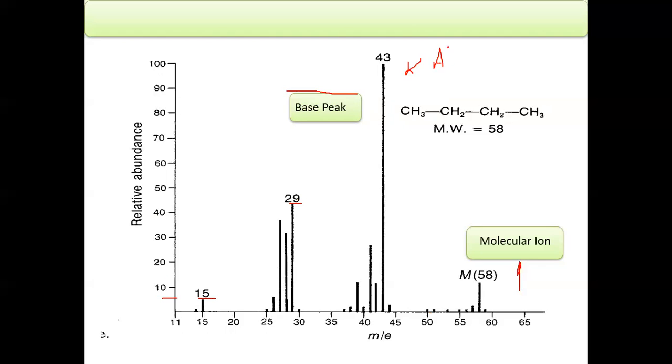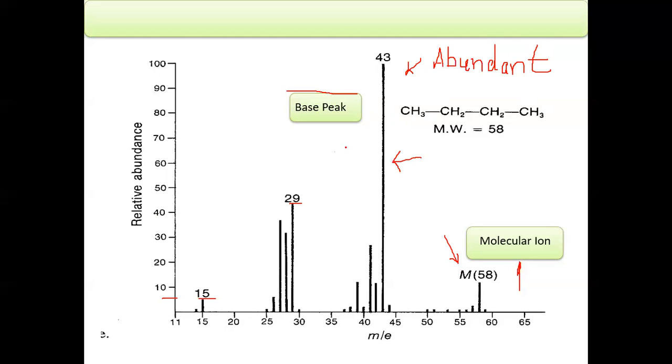The fragments generated here are most of the times positively charged, carbocation type fragments, and depending on the stability of that carbocation, the peak intensity varies. So m by e 58 intensity is very small and m by e 43 peak intensity is very large.